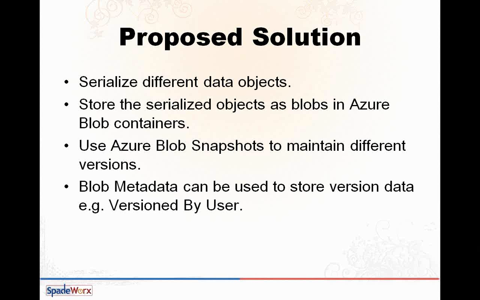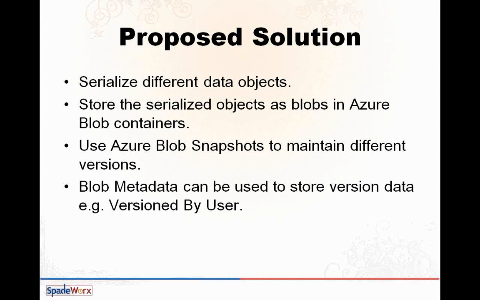The other alternative, a simplistic solution, was to use blob storage, more so because blob storage does give us the functionality of versioning the files or the blobs that are stored in a blob container. In terms of Azure blobs, these versions are called snapshots.